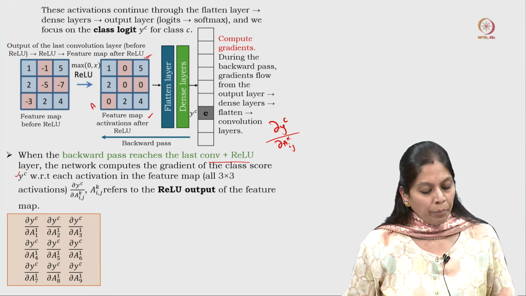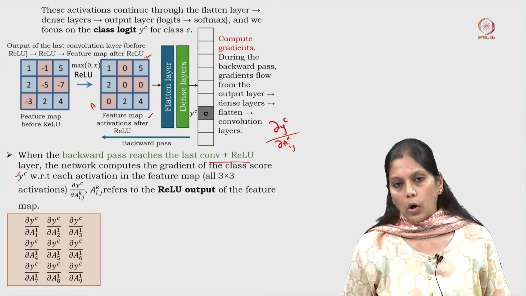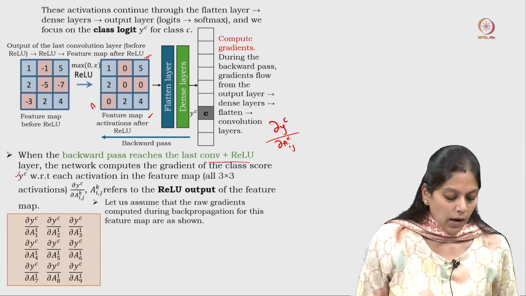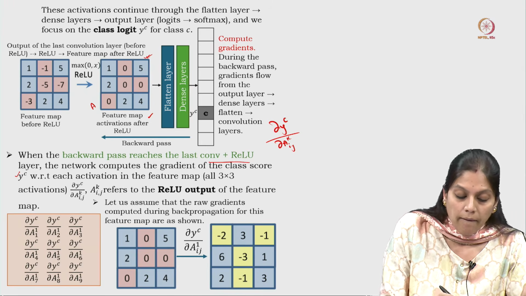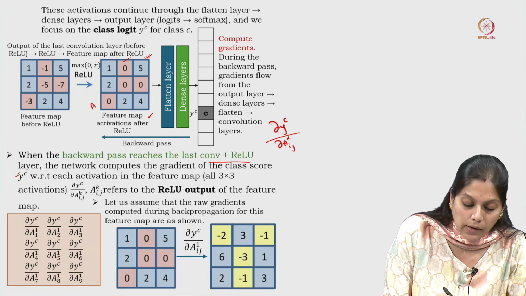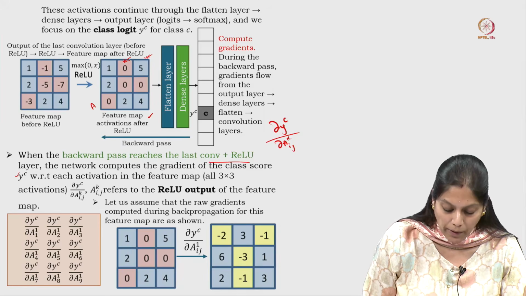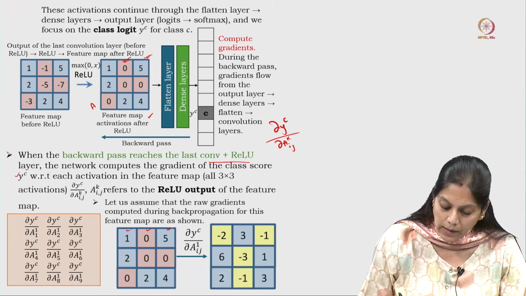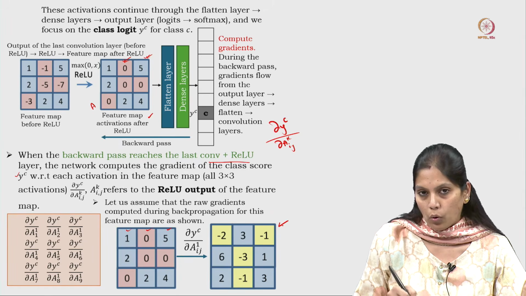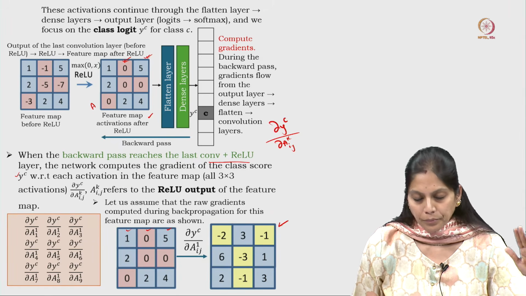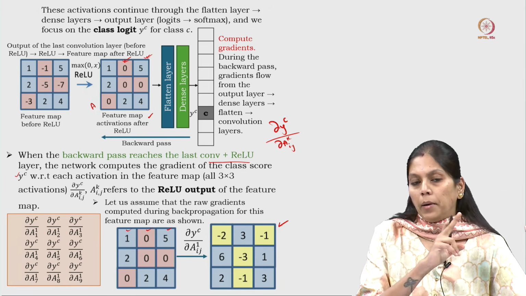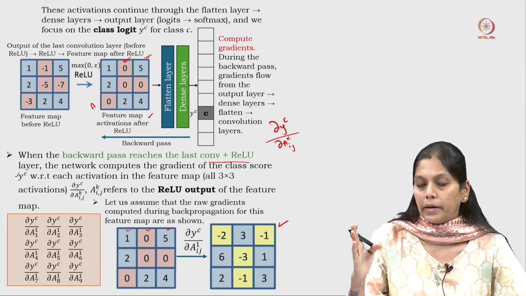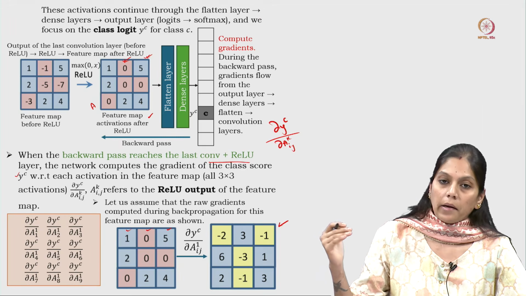So, let us assume this is the operation it is doing. We apply the gradients on this feature map with respect to every value, and let us assume we have obtained this gradient. What we have done: we completed the forward pass and got YC, the predicted class score. Now we computed the gradients.